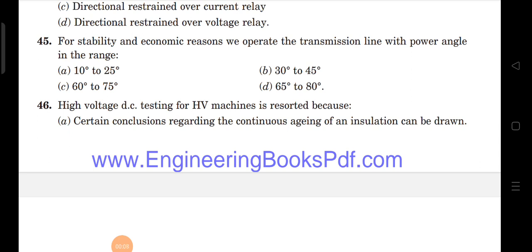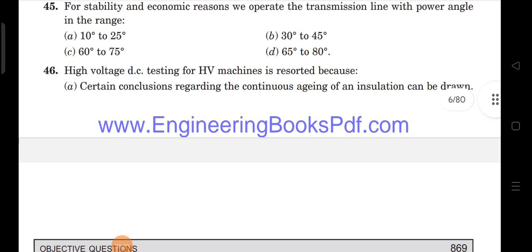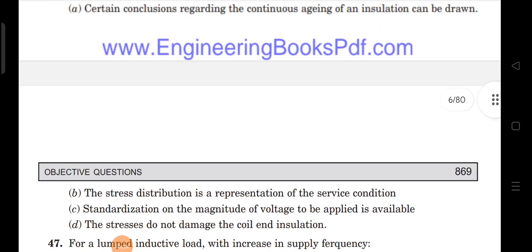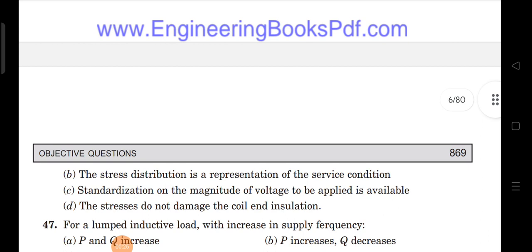Okay, 46th question. A high voltage DC testing for HV machines is resorted because, option A, certain conclusions regarding the continuous aging of an insulation can be drawn. That is the first answer, that is correct. Next, the stress distribution is a representation of the service condition.